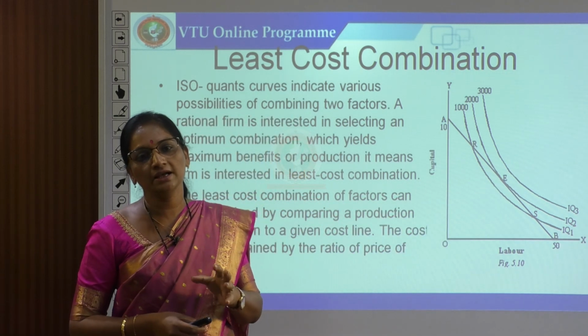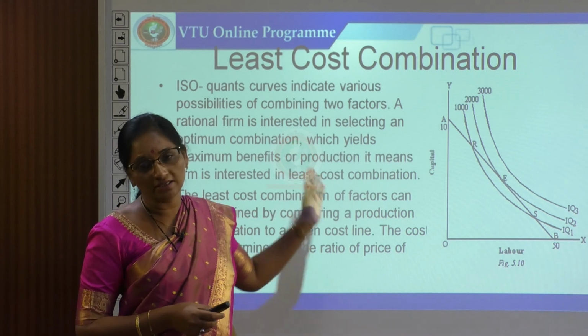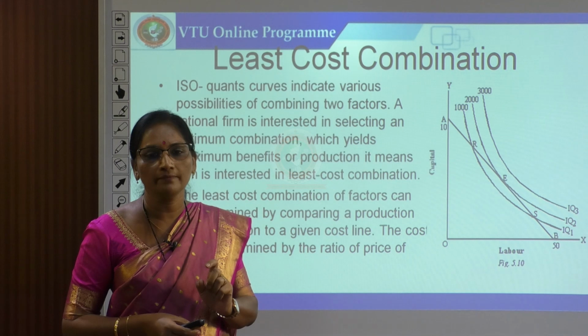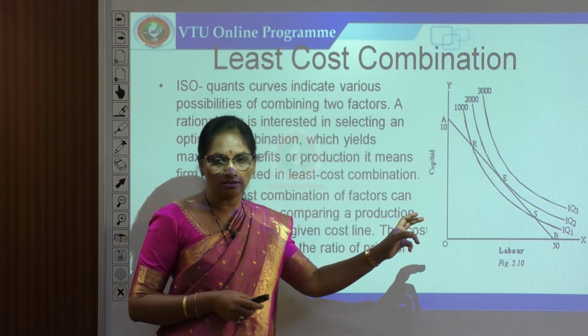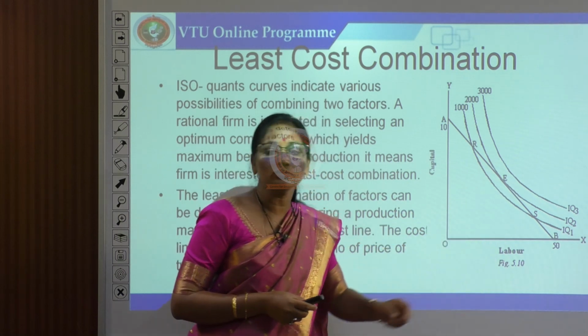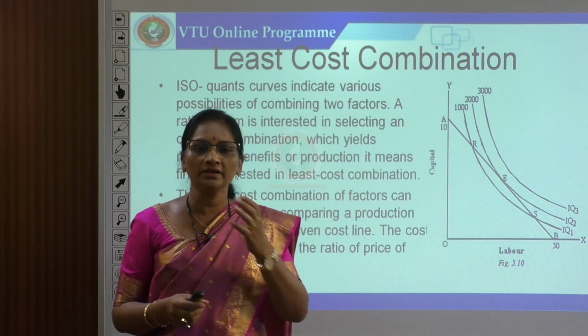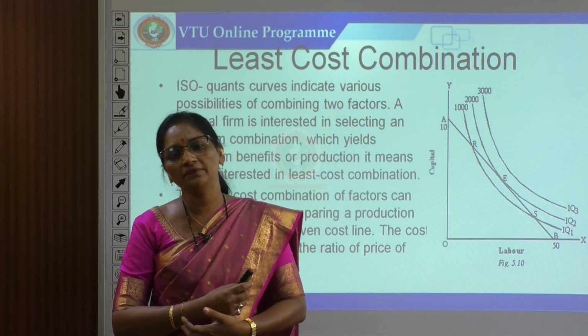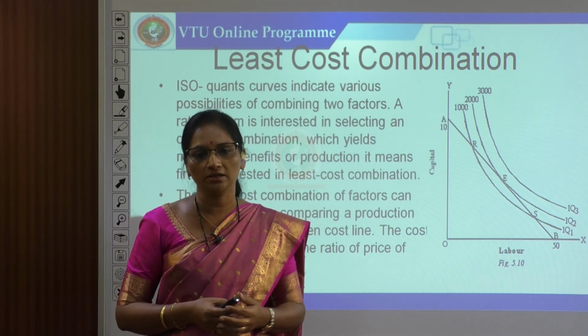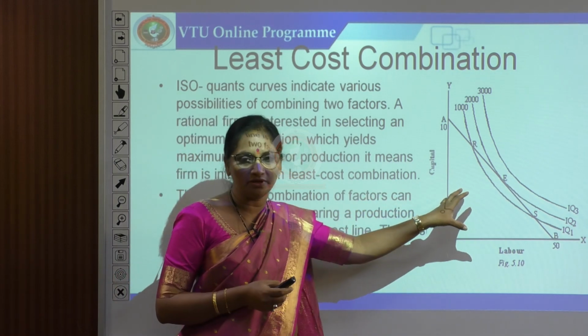Why? Because here the factors have the same cost, but the combination of the factors should be wise enough. For example, how much capital they are using has to be matched with the labor. Having just the capital instead of the labor will not be the best combination. Here it is talking about the best combination.